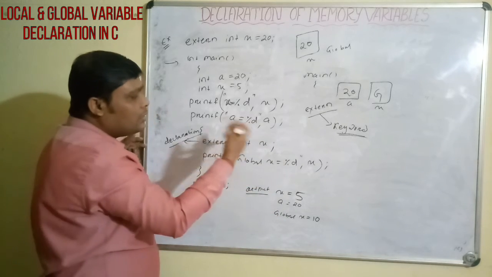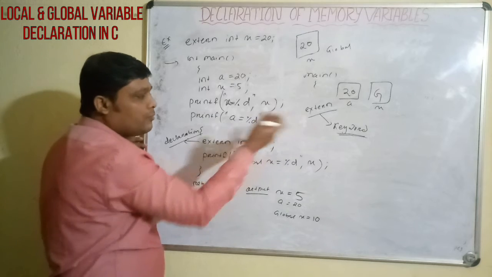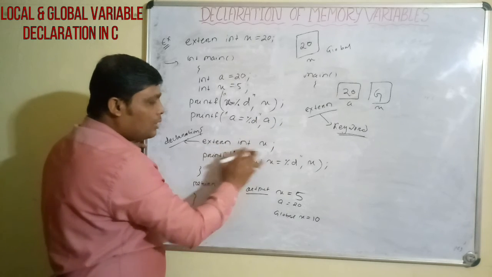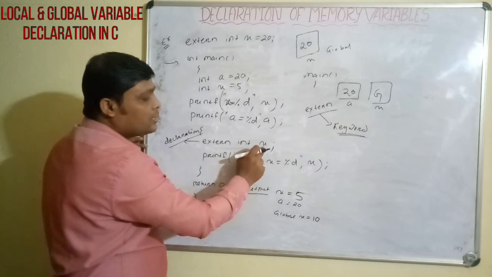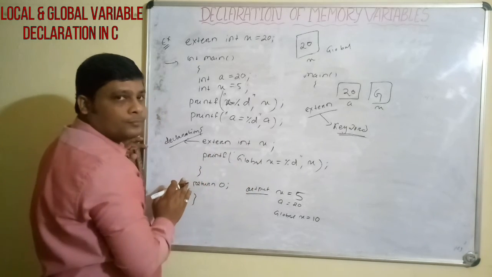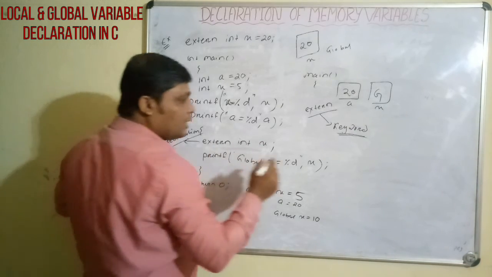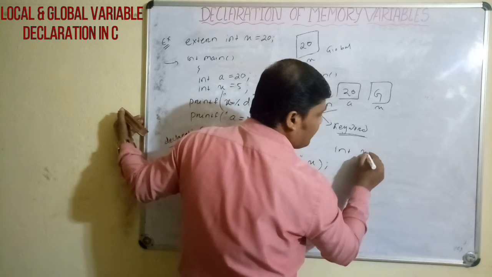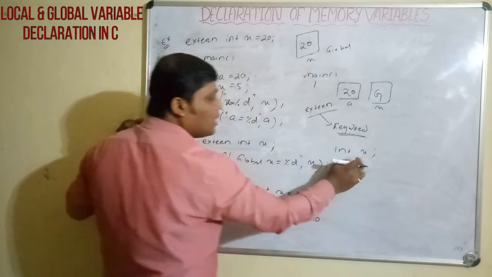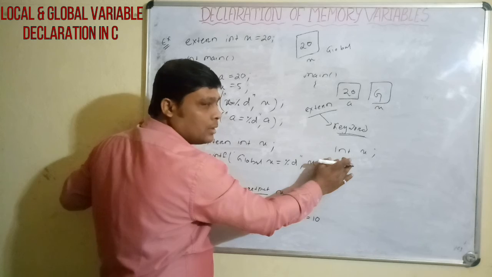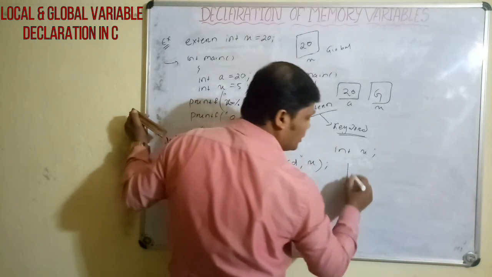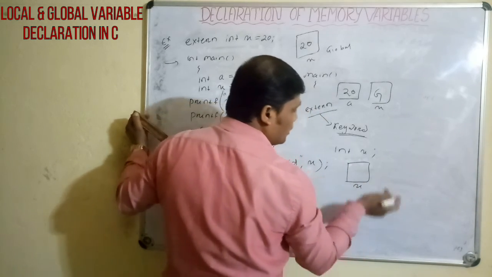If we are initializing, then memory will be allocated for that. But if I am not initializing, no memory will be allocated for this x. This is only a declaration. Clear? But if I write int x, then it is both declaration and definition, so memory will be allocated for this x.